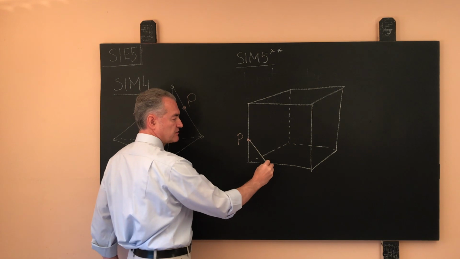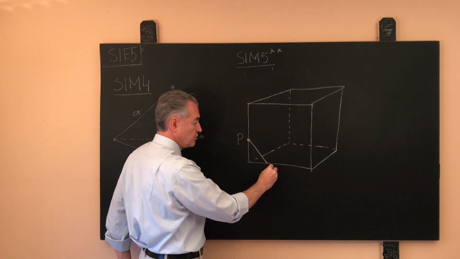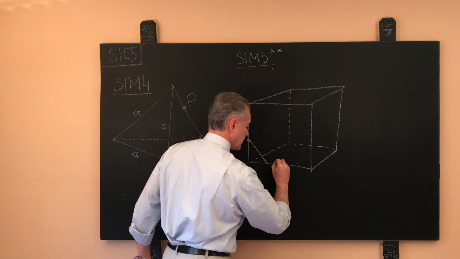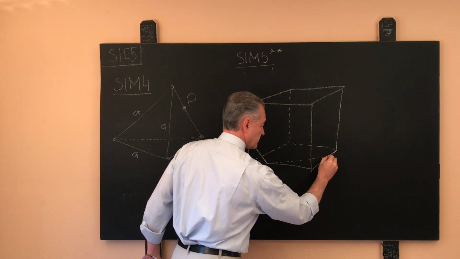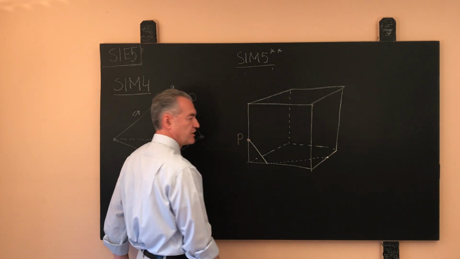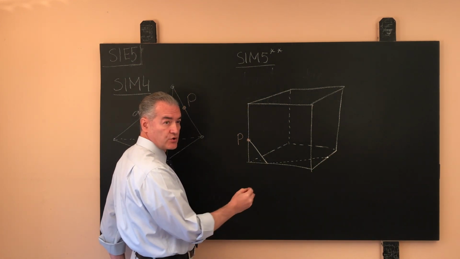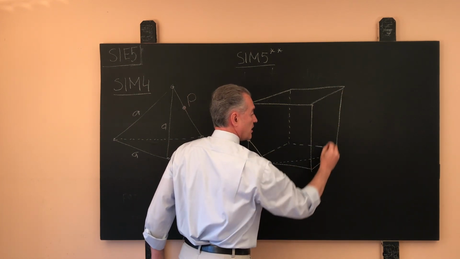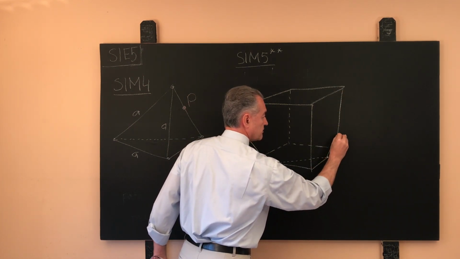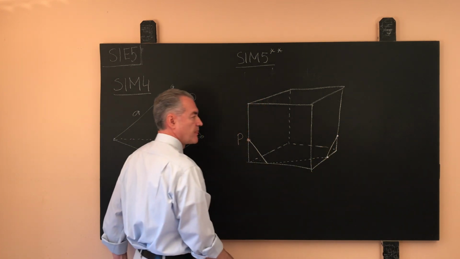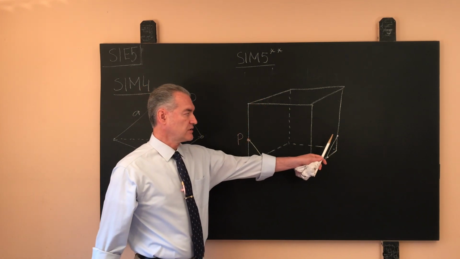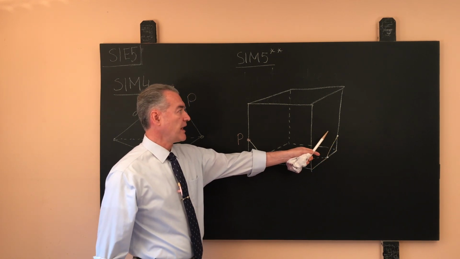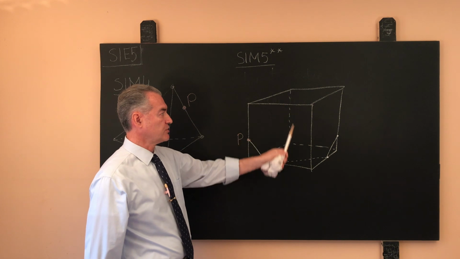Then on the second leg, the orbit will be parallel to this diagonal, so it will go something like that into the point over here. Next, the third leg of this orbit will be parallel to this diagonal, and it will go something like that into this point.